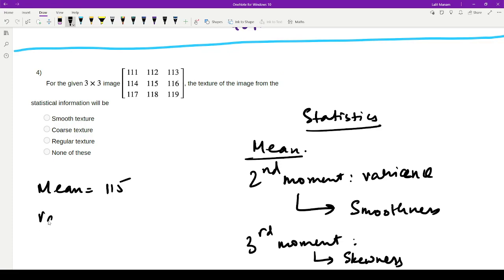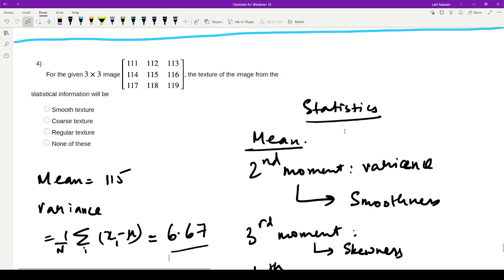What about variance? What is the formula for variance? Summation of xi minus mu, the whole square, divided by n. Yes, n is 9 for this case, and i varies from 1 to 9. I think it turns out to be some 6.67. I might be wrong, but I'll check.